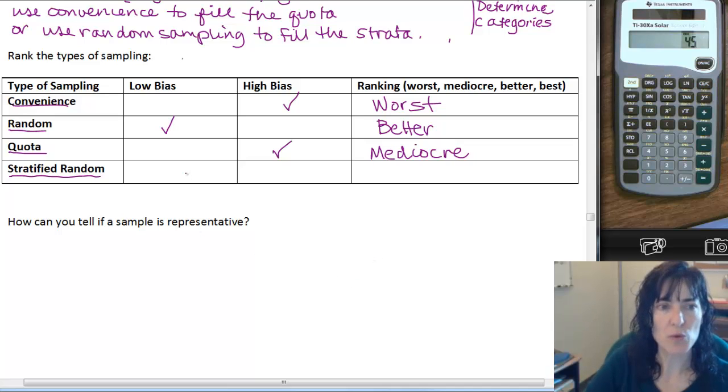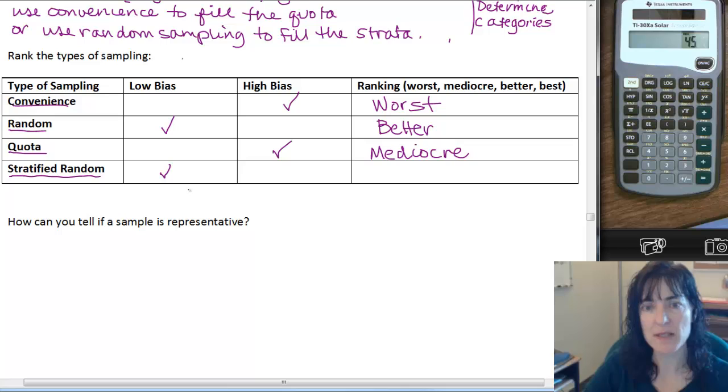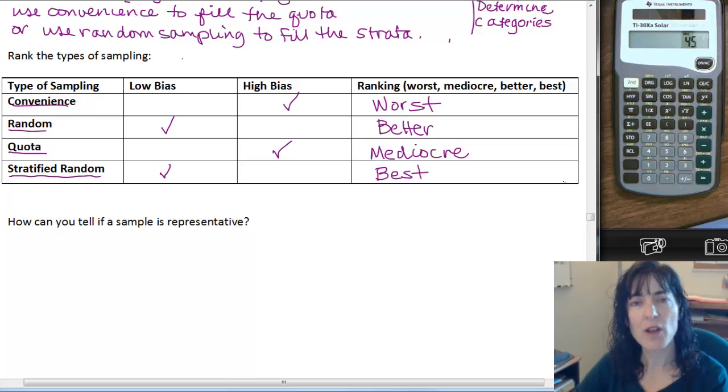So as you know, since we're using a random number generator to find who gets into the sample, it has very low bias, and it actually is the best of these methods in terms of finding a sample.